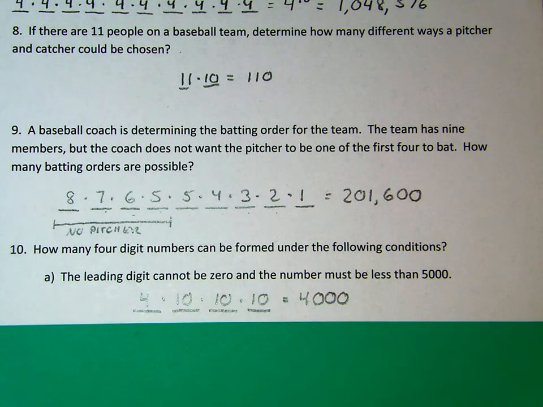So we have 4 events, and we're making 4 choices. Now the leading digit can't be 0, and the number must be less than 5,000. So that means it has to start with either a 1, 2, 3, or 4. Or in other words, there are 4 options of what could be first. Other than that, all digits are fair game for the remaining 3 slots.